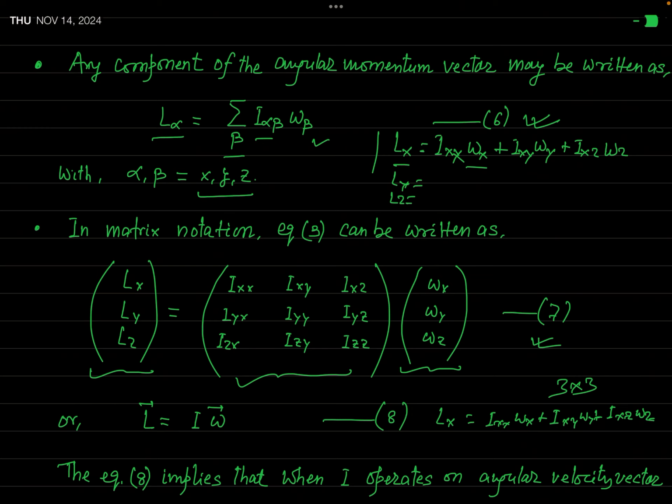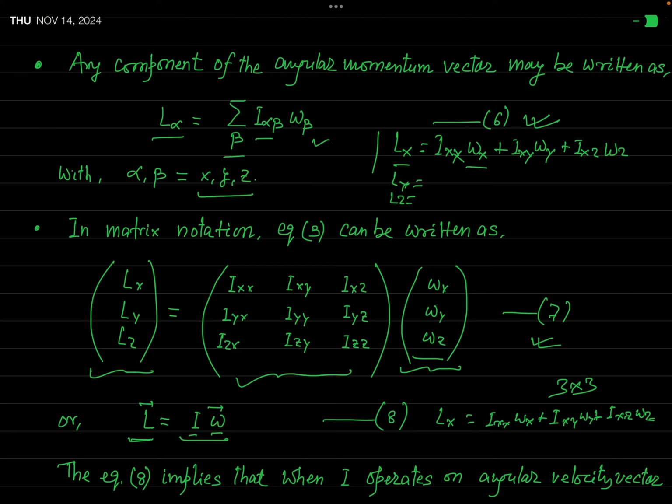This equation 7 may also be written as vector L equal to I times vector omega. Here L is written in place of the column vector Lx, Ly, Lz, which is the angular momentum vector. And omega, the angular velocity vector, is written in place of the column vector omega x, omega y, omega z.